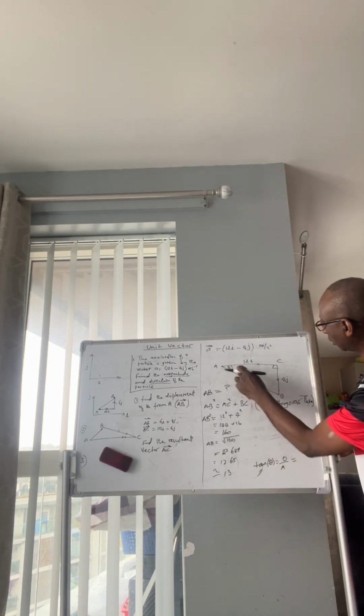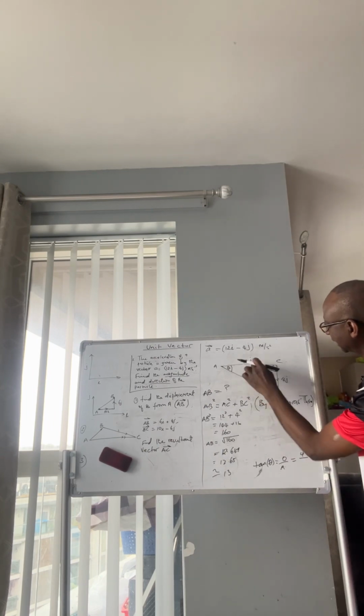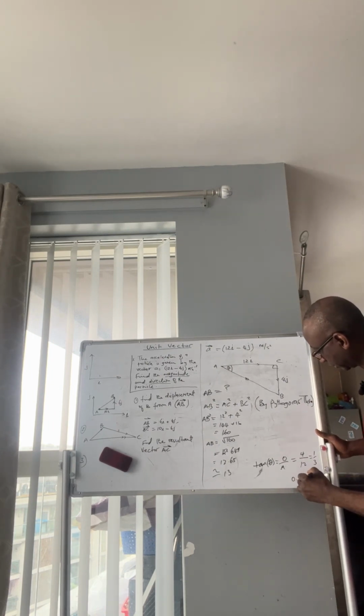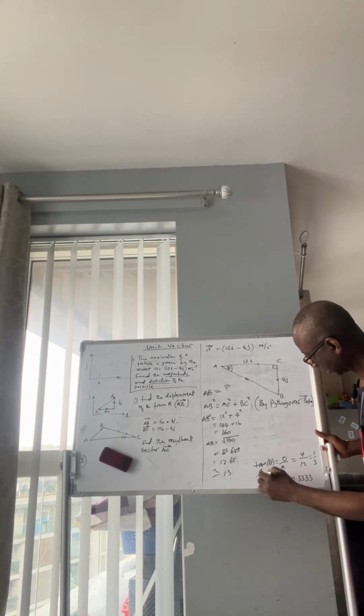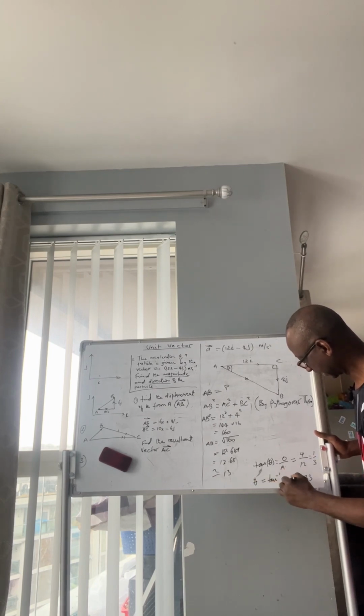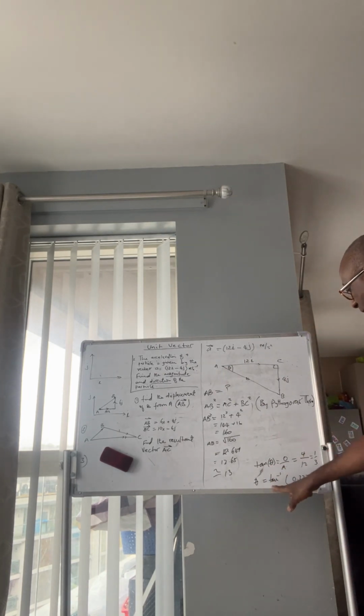In this case the opposite is 4 over the adjacent 12, which is 1/3, 0.3333. You want theta, not tan theta, so theta is the arctangent of 0.333.